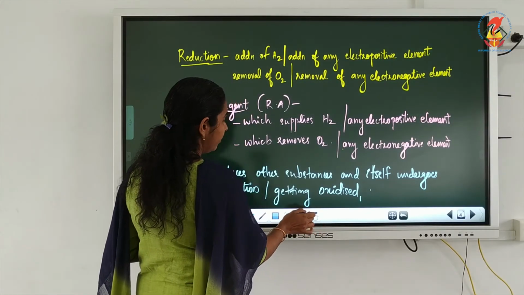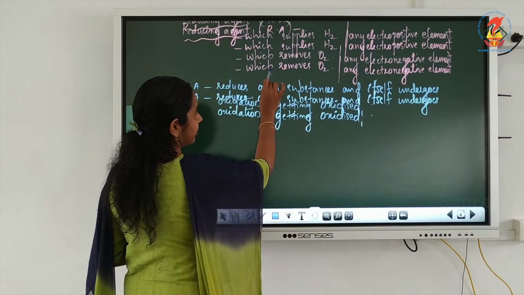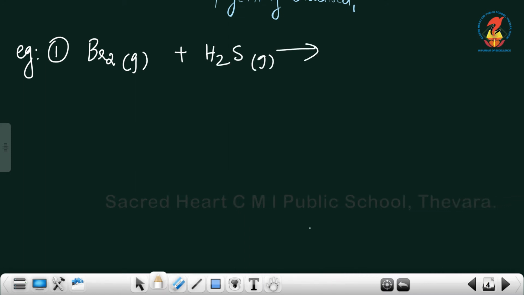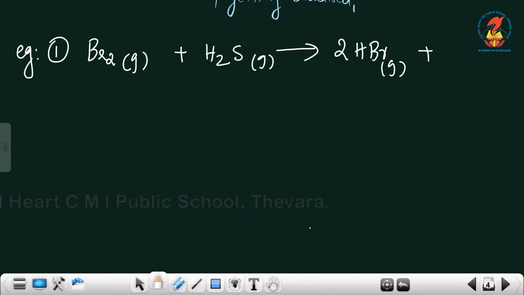Now we will see a few examples of reduction also. The first example we have is bromine gas plus H2S gas giving 2HBr gas plus sulfur solid. Look at this equation, the left hand side and right hand side.